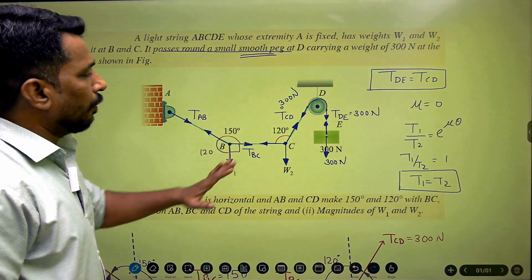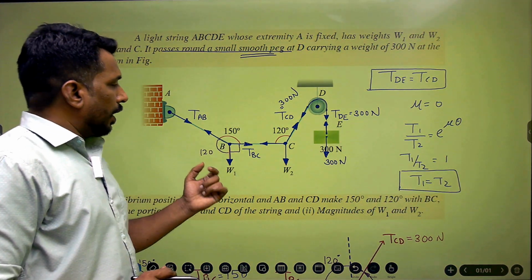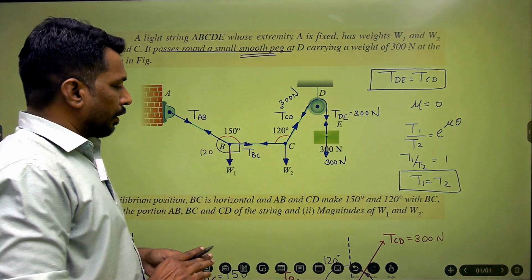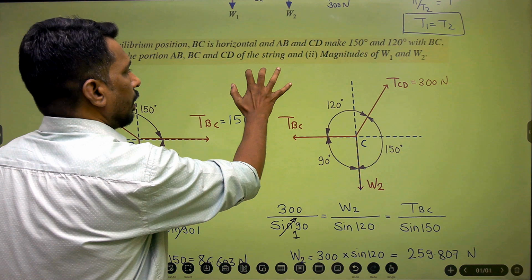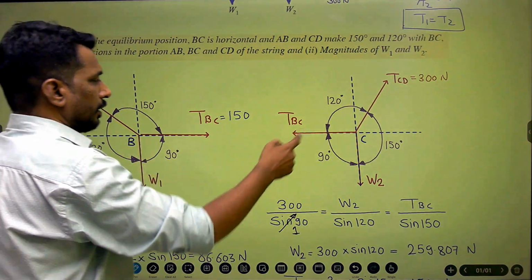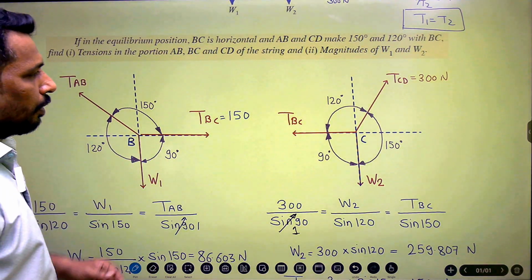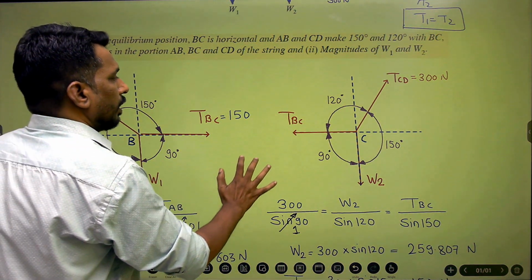So after drawing the force diagram, we came to know that only B and C can be used for the further calculation for applying Lami's theorem. So we completed the FBDs at points B and C. We have shown all the angles and all the forces required to apply Lami's theorem.